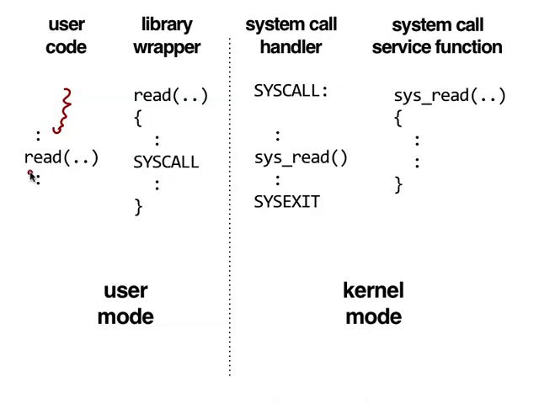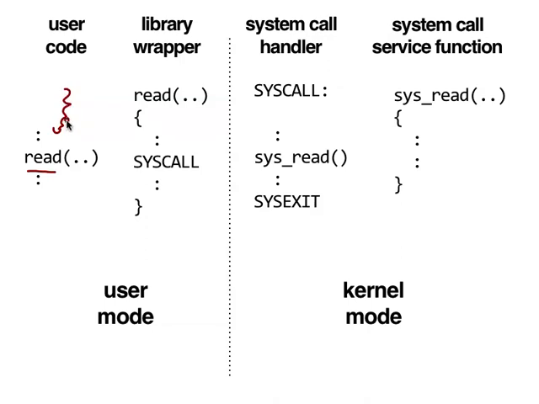So when you call, let's say, a function read, you don't actually call the kernel system call directly. You actually call a library function. This is a function written by the library provider, let's say the C library provider or Java library provider, that hides the actual calling of the system call from you. So you normally call what we call a library wrapper.